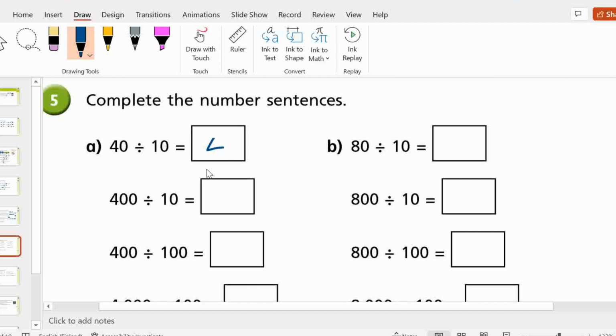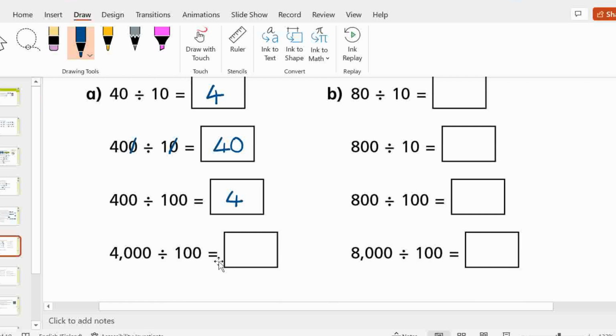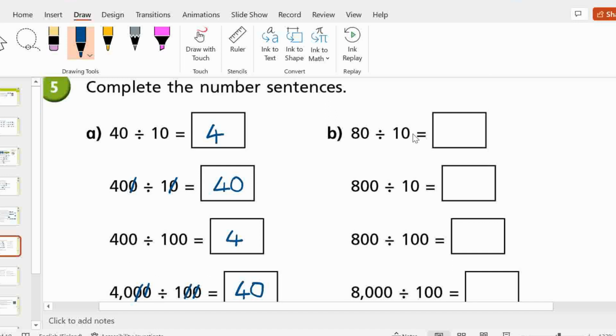Yeah, good. 400 divided by 10? 40, yeah, because if you remember, there's only 1 zero, so we can only take 1 zero that side. 400 divided by 100? 4, good. 4,000 divided by 100? 40. 80 divided by 10? 8. 800 divided by 10? 80. 800 divided by 100? 8.